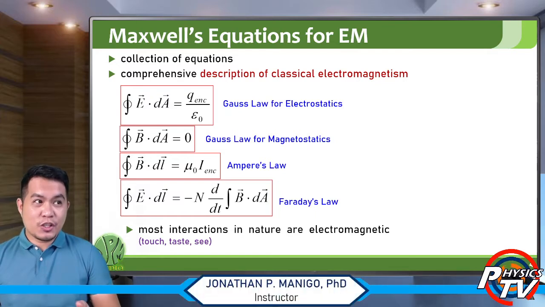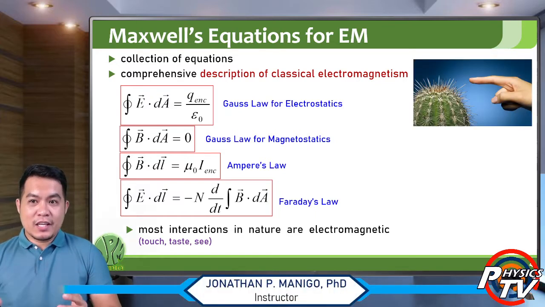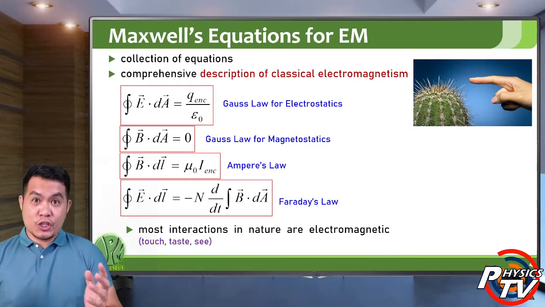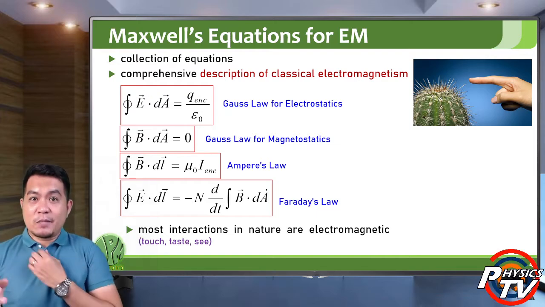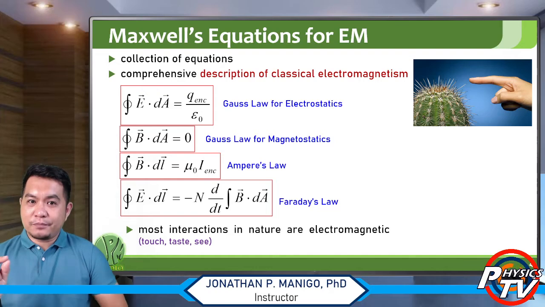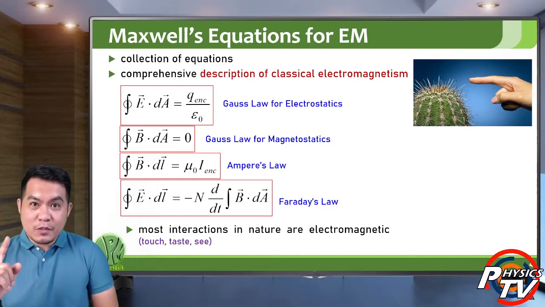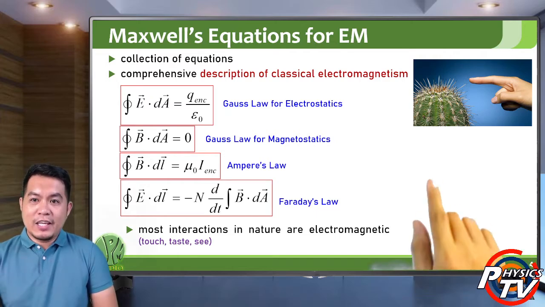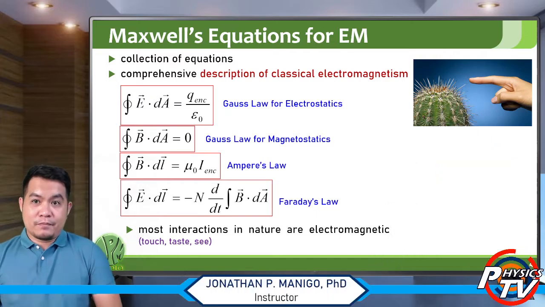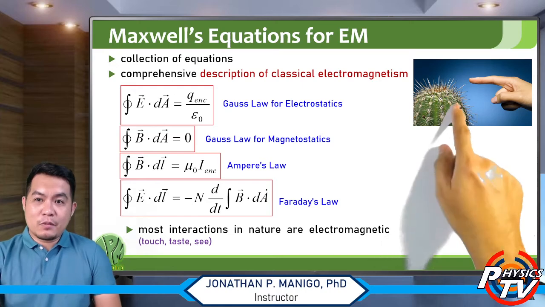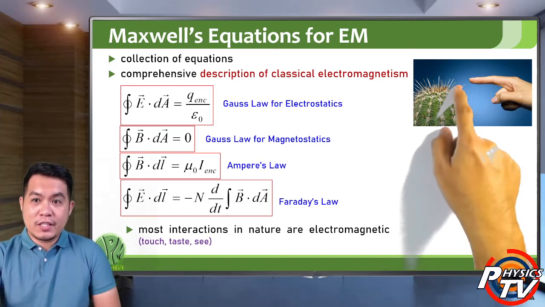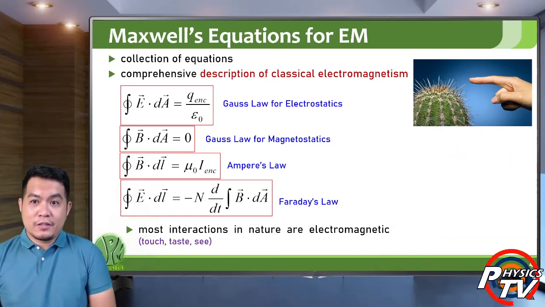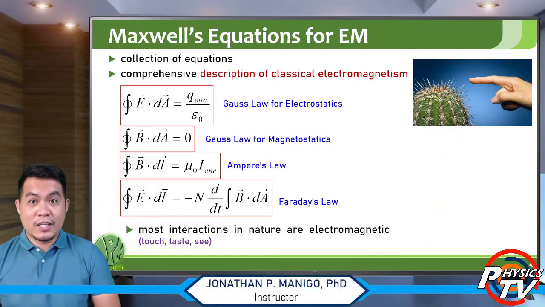So when you touch something, it's basically just an interaction. The touch sensation that you feel is the interaction between the electric charges in the atoms or molecules at the tip of your finger and the charges in this case, in this cactus here.